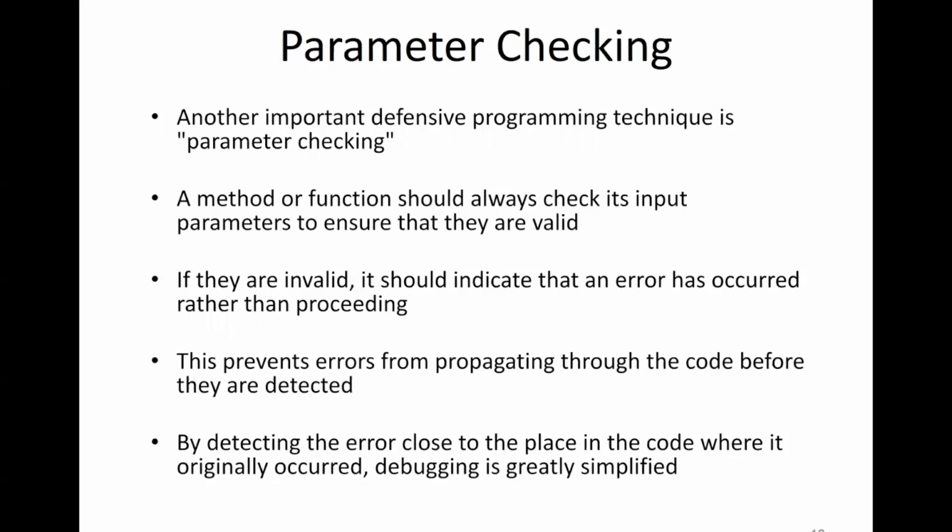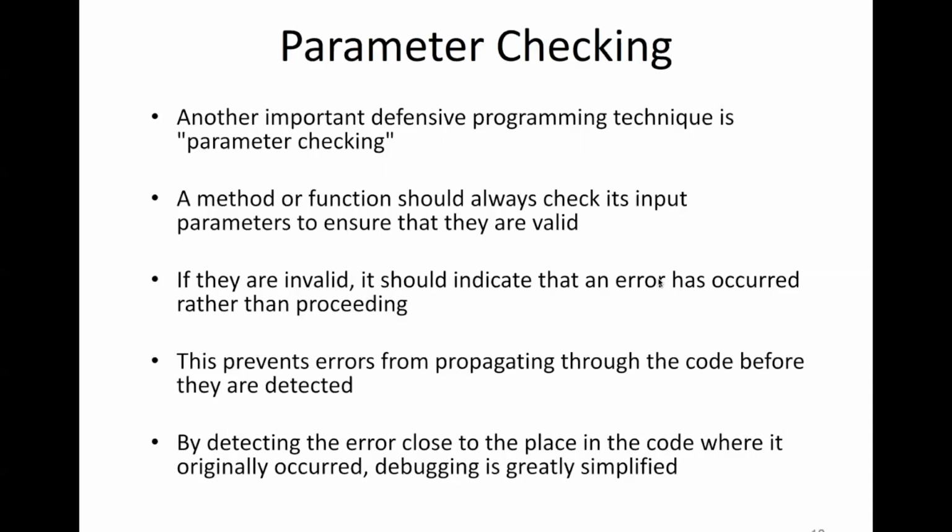And so we need to indicate if the incoming parameters are not what we expected or if they're not okay. Because if they're not okay, we're going to probably get a bug somewhere. We're probably going to have a failure somewhere, but it could be later, and it's going to be harder to dig through our code and find where it is. So it's better to just know right up front that there's a problem with the parameter.